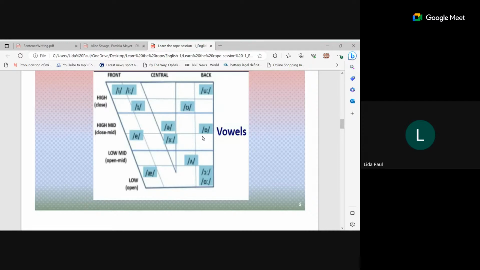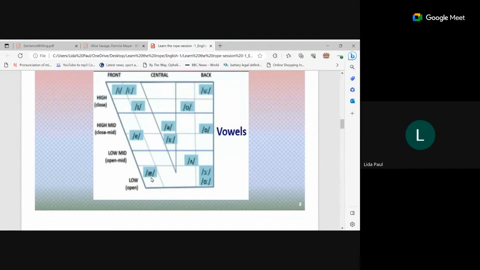Then the last set you have here are the low vowels. 4 of them. The first one, the low front vowel, would be this one. The cursor is pointed there, and the sound is the A in the word cat. So K, A, and T are the sounds found in the word cat. Apple, right?